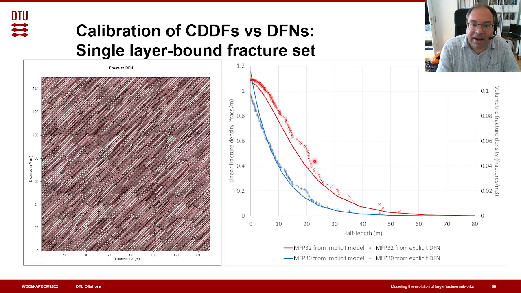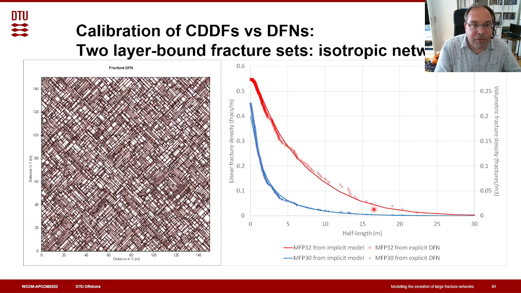We again get a very good agreement with the cumulative density distribution functions calculated empirically for the explicit fracture network on the left, shown by the crosses, and the continuous functions calculated implicitly using the techniques that I've described, shown by the lines here.